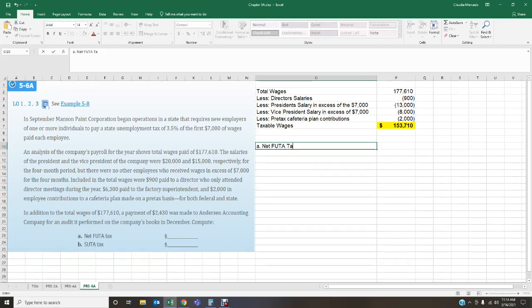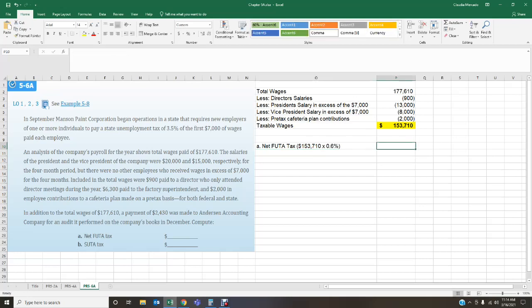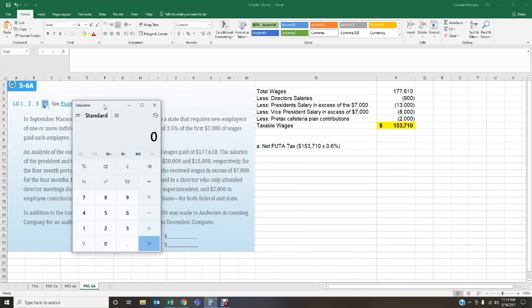Okay. Now that I figured out my taxable wages, I can go ahead and do my net FUTA tax. Okay. And your net FUTA tax is going to be the 153,710 times my FUTA tax rate of 0.6%. Okay. And let's see what that gives us. 153,710 times 0.6%.